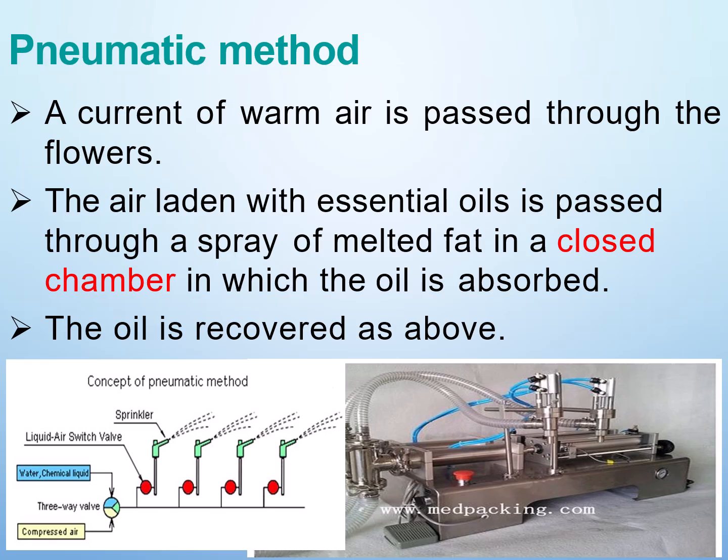While the air is made to fall onto the melted fat, the fat absorbs the volatile oil. From the fat, the volatile oil is recovered by treating the fat with alcohol and then chilling it.